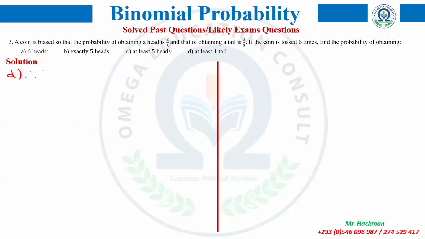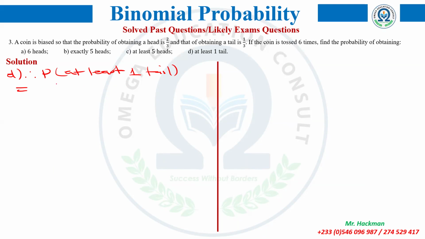Therefore, the probability of getting at least one tail is equal to the probability of getting at most 5 heads.